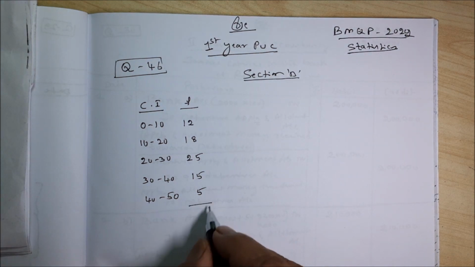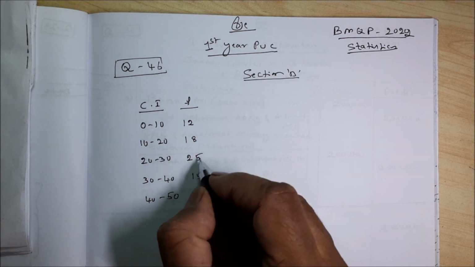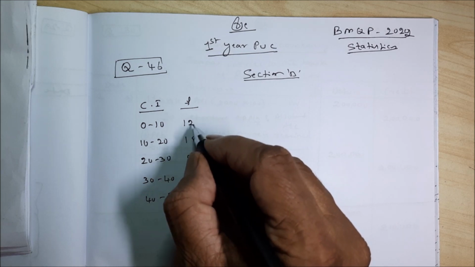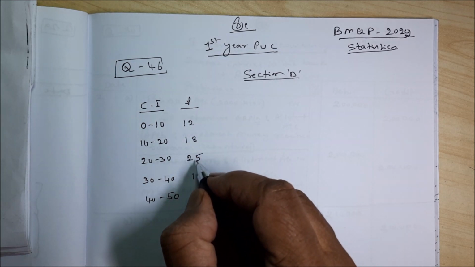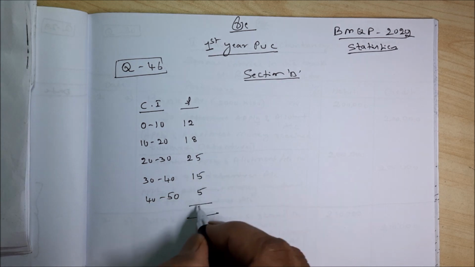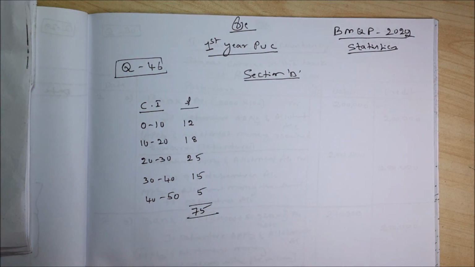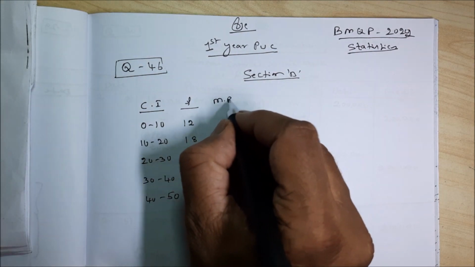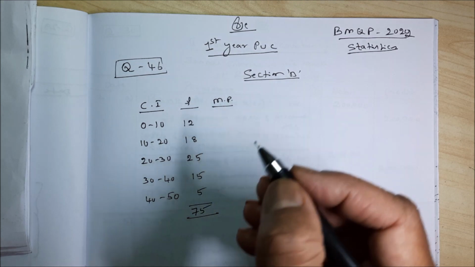So just total the frequency: 30, 55, 60, 70, 75. So total of the frequency is 75. Immediately find out midpoint. Let us do it under direct method, right?